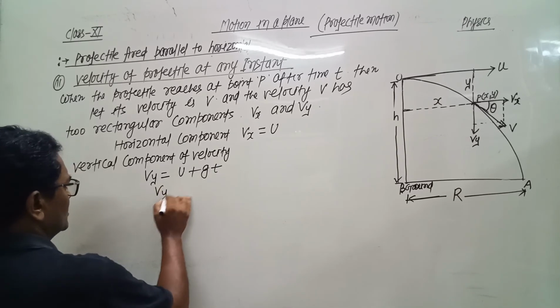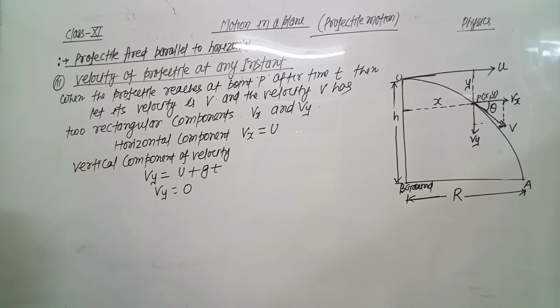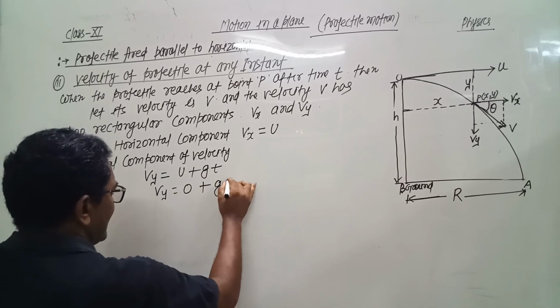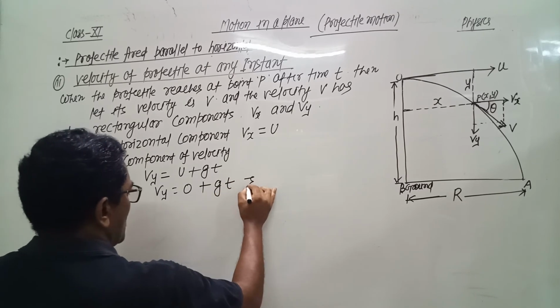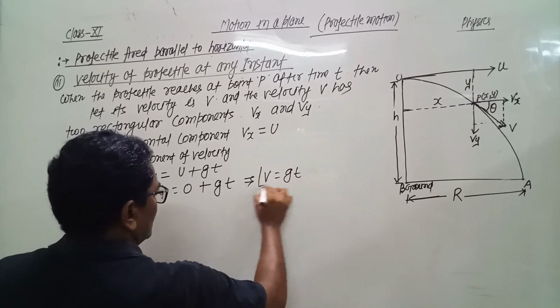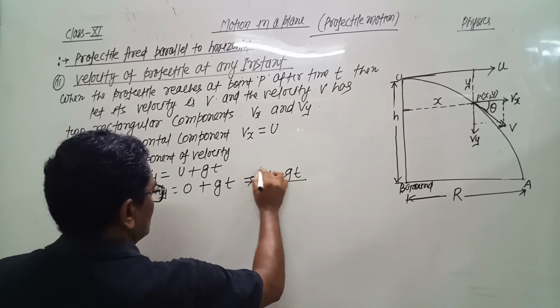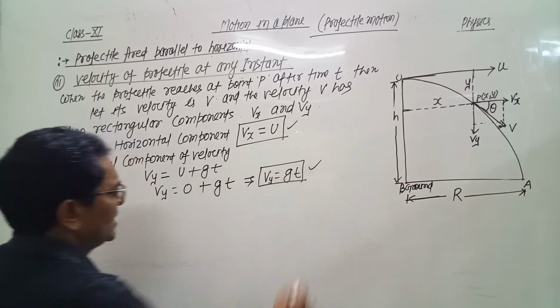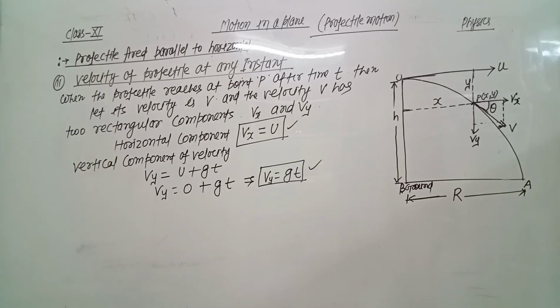Here u, the initial velocity in the vertical direction, is 0, plus g, and the time taken to reach point P is t. So Vy equals g into t. So these are the two components, the horizontal component and the vertical component of velocity.